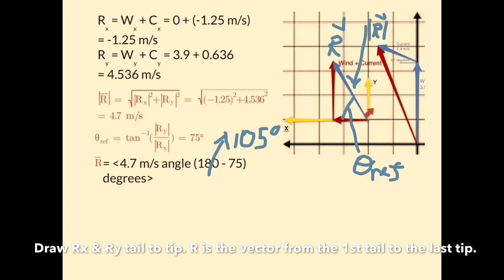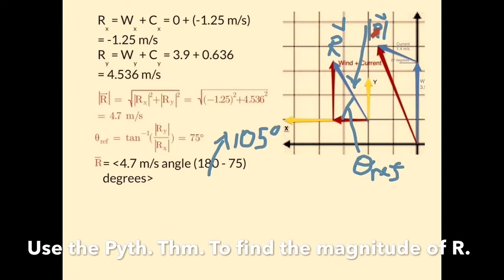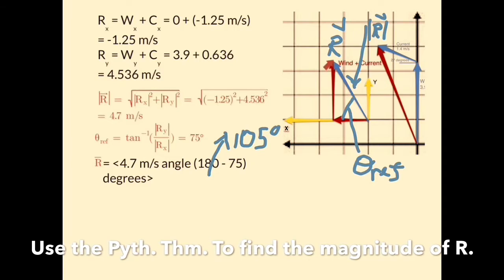Here's the vector from the first tail to the last tip. Its magnitude is the length of the vector. That is the speed of the boat over the bottom of the bay.